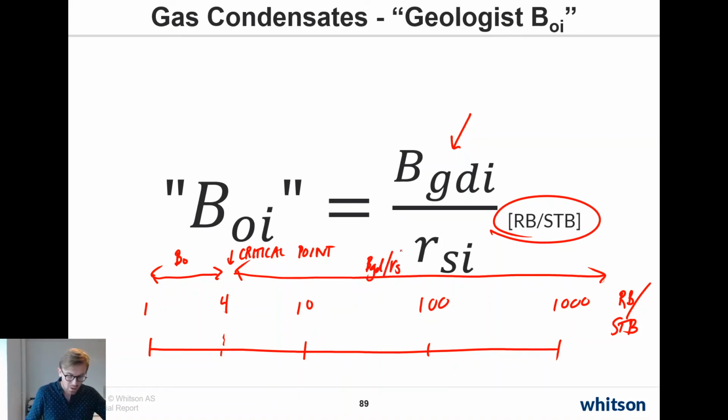Okay, so this gas condensate BOI, BGD over little rs, can be used in the exact same way as we are applying BOI.